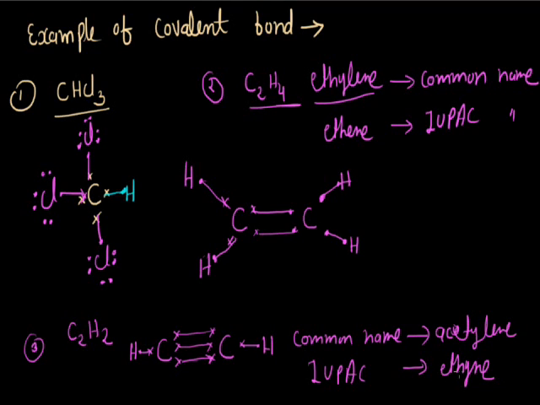Now, another way of representing these 3 molecules. Let us start with chloroform. Here the central atom is carbon, which has 4 valence electrons: 1, 2, 3 and 4. The next atom is hydrogen, having only 1 valence electron. Now next, here are the 3 Cl atoms.